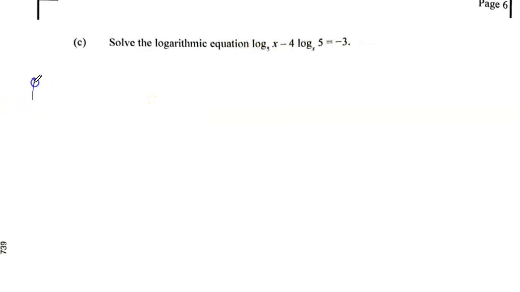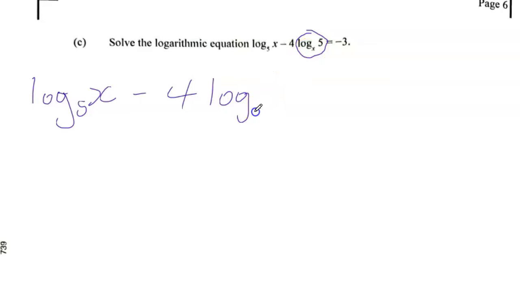Right, so what we have is log x base 5 minus 4 times now this expression here, log 5 base x, we're going to convert it to base 5. So we simply change it. So this has become log, change base x to base 5, and 5.